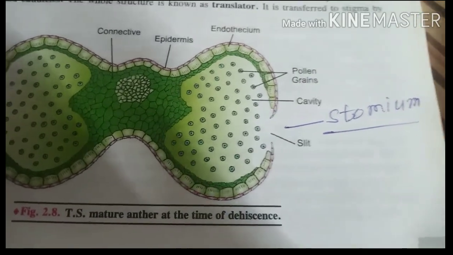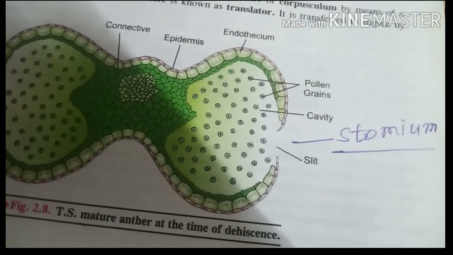And ultimately, if you see the structure of a mature anther, this is the stomium.